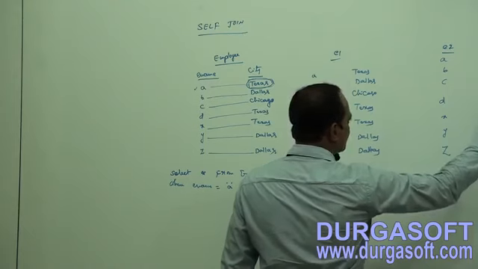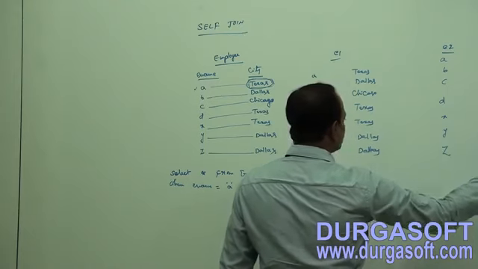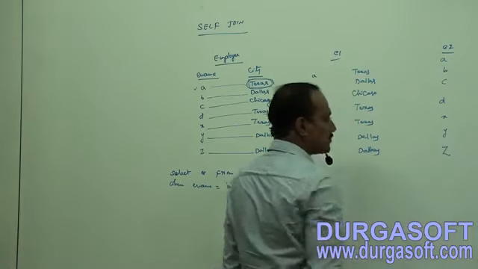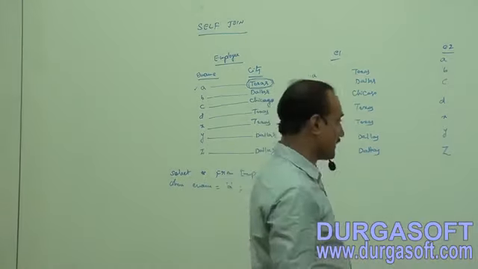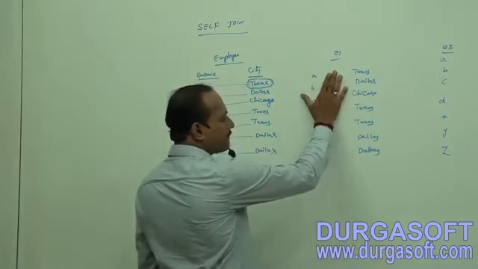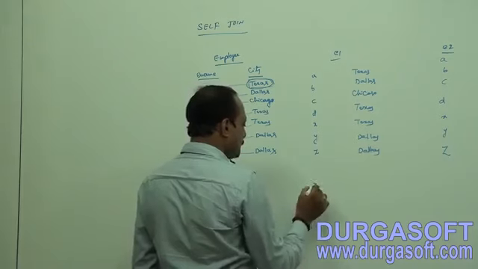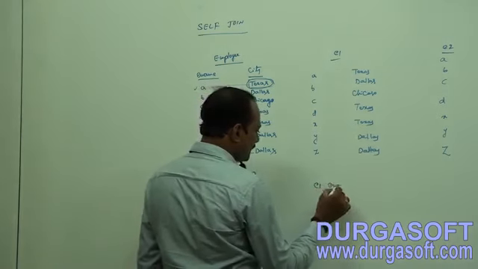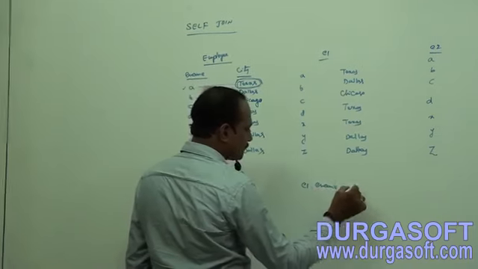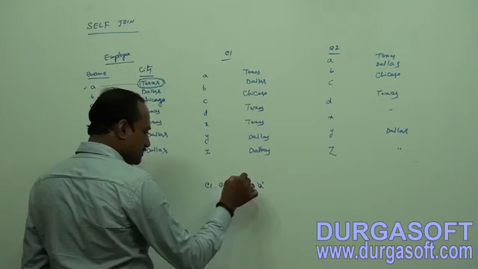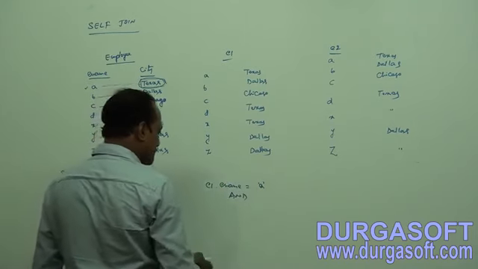D is from Texas and X is also from Texas and Y is from Dallas, Z is also from Dallas. Now see here. First, from the first alias table, check whether employee name is A or not: E1 dot E name is equal to A. If A exists, meaning if this condition is true, then check the join condition.